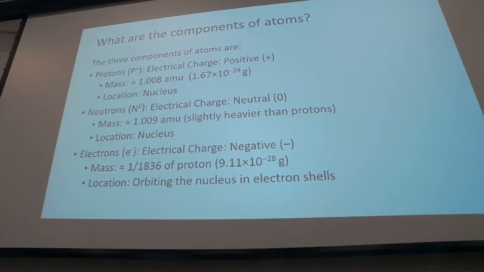Now, the electrons, which are abbreviated with lowercase e and a negative sign, or a little hyphen, as superscript on top, have a negative charge, and look at the mass. It's 1 over 1836 of a proton, or 9.11 times 10 to the minus 28 grams.